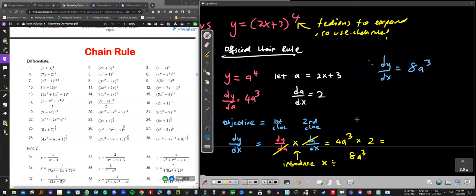Tell me. Must be strange, right? Because we differentiated x, we differentiate the x inside y, and suddenly there is an a here. Confusing. So here we substitute back the value of a that we let at the start. We substitute 2x plus 3 into a. Then we have our answer. Pretty nice. Okay, any confusion anywhere here?